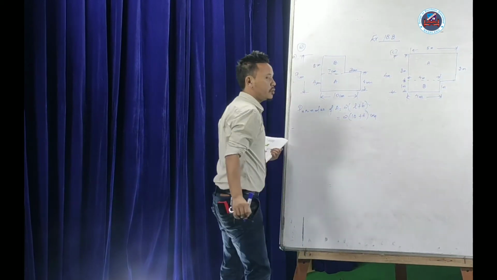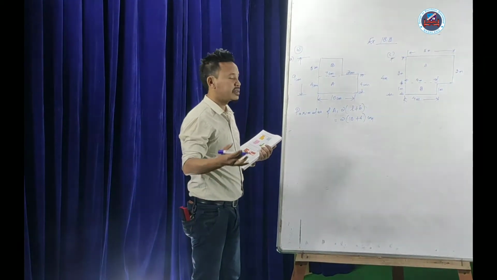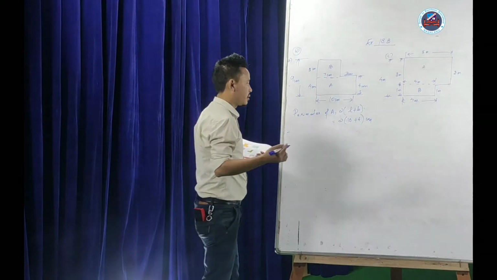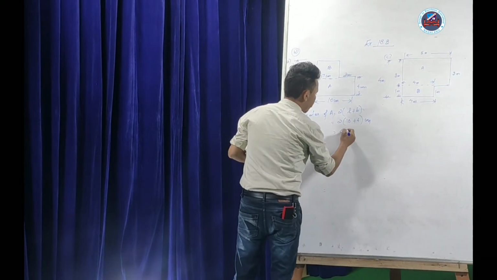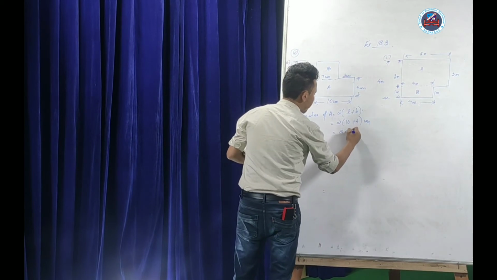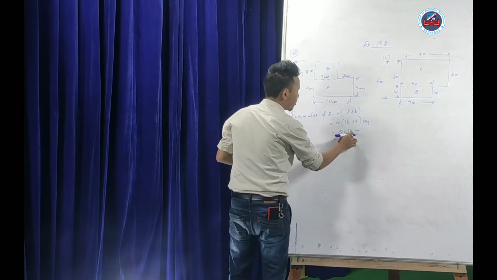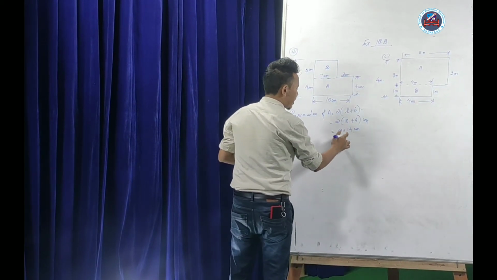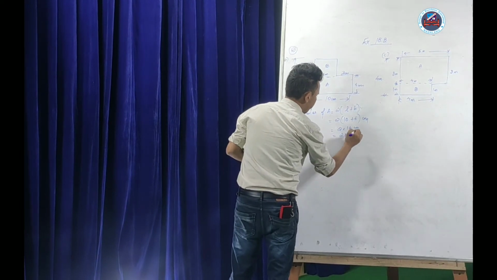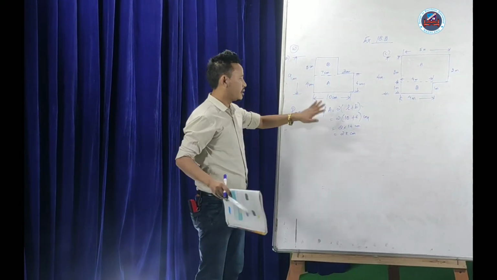Remember, perimeter will always be in centimeter units, whereas area will be in square units. Here we get 2 into 10 plus 4, that is 2 into 14, which gives us 28 centimeter. So the perimeter of A is 28 centimeter.